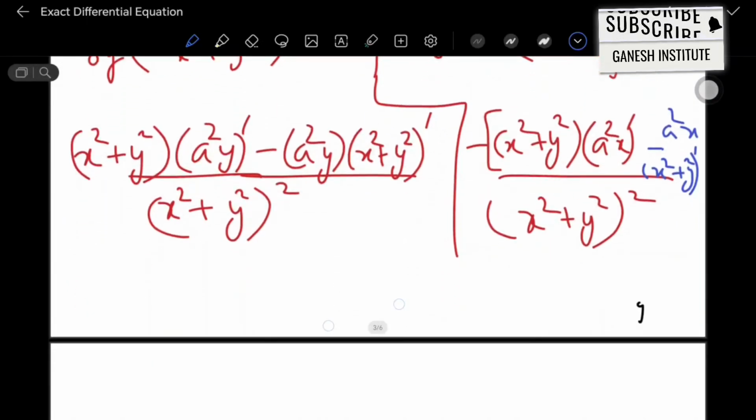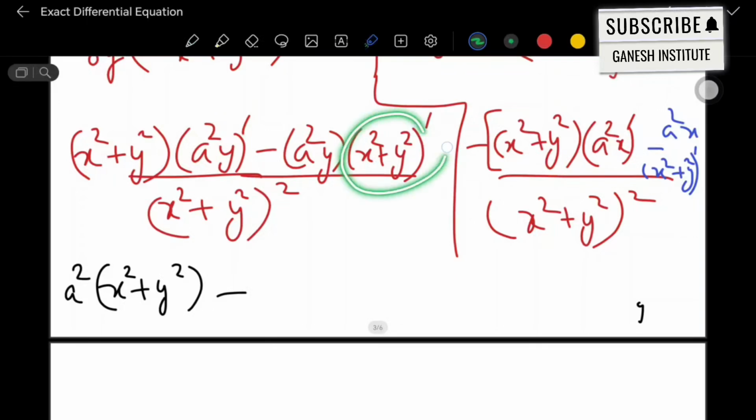Let's do it. So it becomes a square for y with respect to y. This will be a square only because differentiation of y is 1. So it gives me (x square plus y square) along with a square, minus. Here I need to do it with respect to y, so x square is constant.